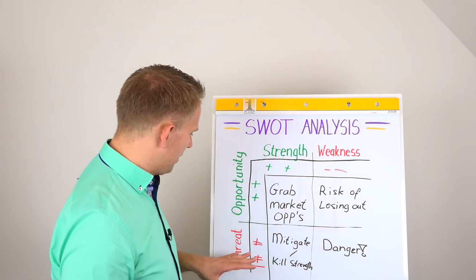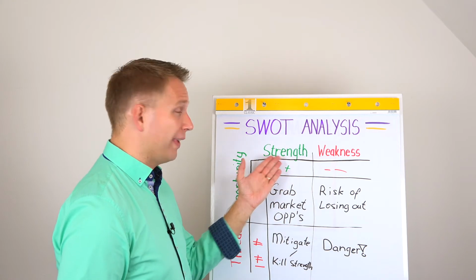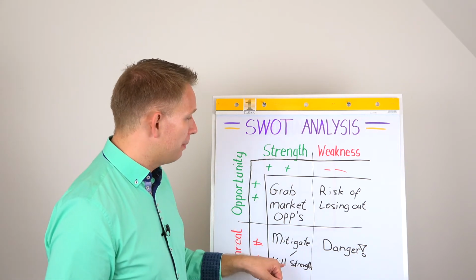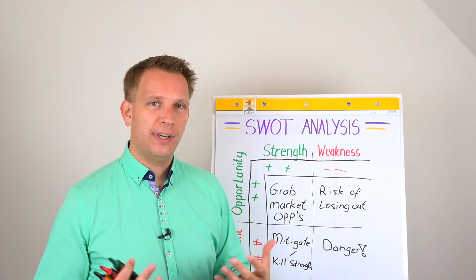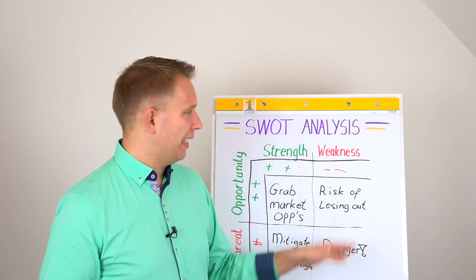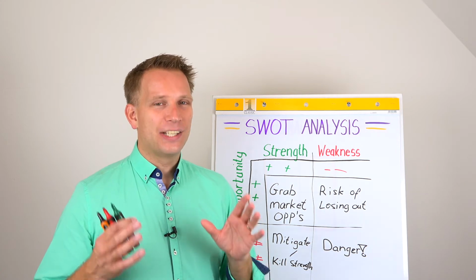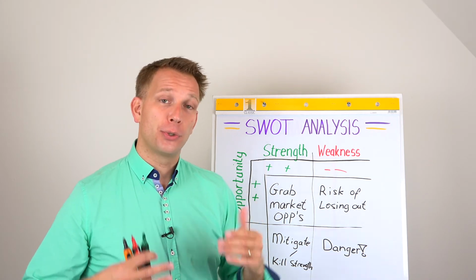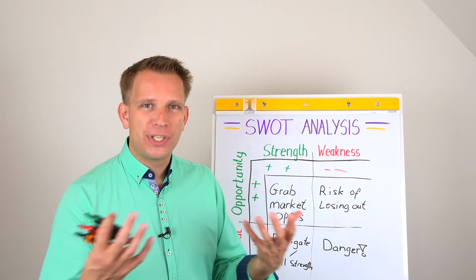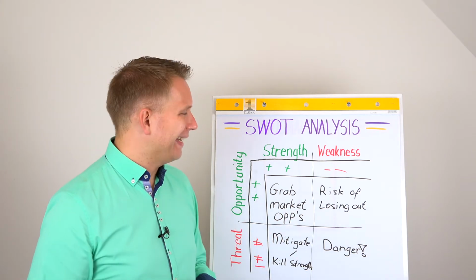And when you have threats coming at you, your strengths might be able to mitigate the threat, or the threat might be killing off some of your relative strengths compared to others. And when you have threats that are really on the area where your weaknesses are, that is danger for your immediate future. So you need to act to save processes, company, to save your position right now.